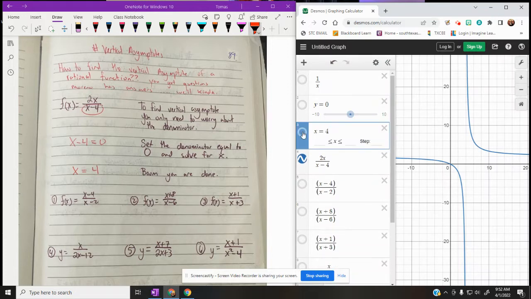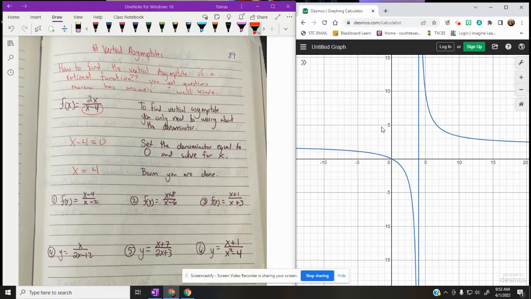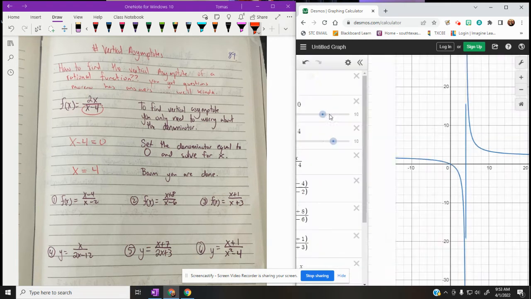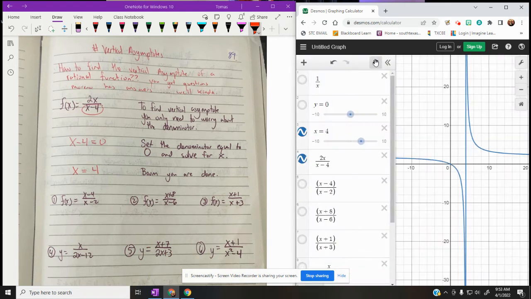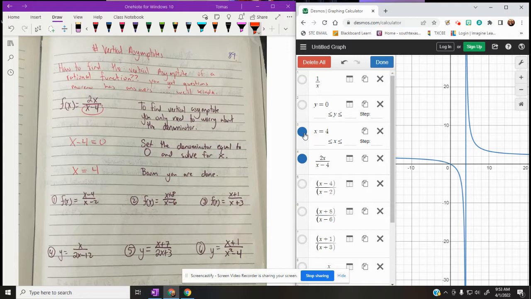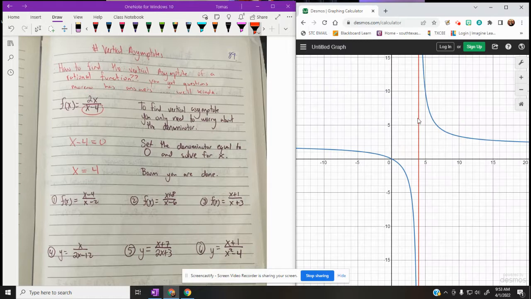Here, we would see our vertical asymptote right there. Bam, right? I should use a different color for the graph so we can see it. Let's use red. And you can see it right there.